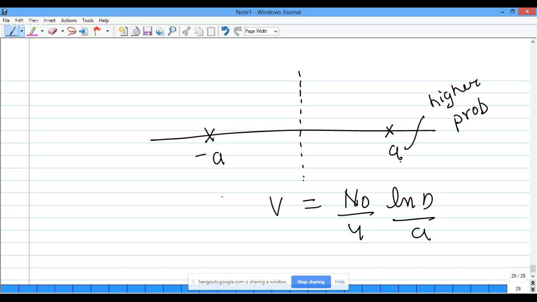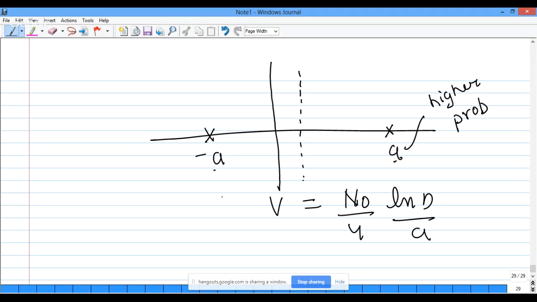If this signal is of a higher probability, then ln eta will be a negative quantity, and this V will shift to the left of this perpendicular bisector. What does this tell me? If this signal is of higher probability, then you should decide for this signal much more than you decide for this.